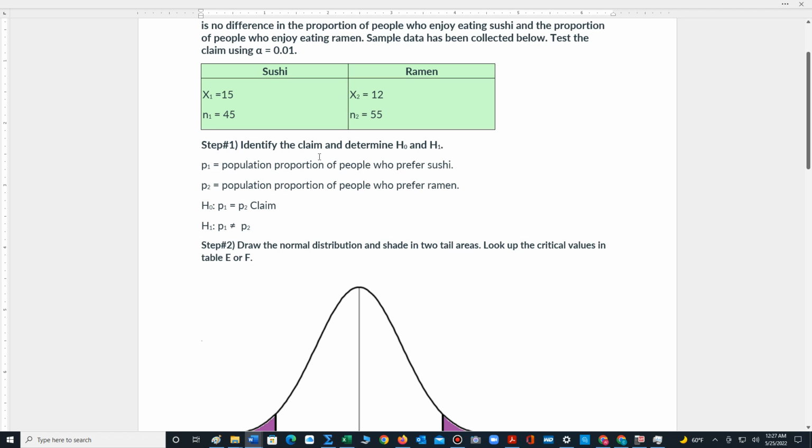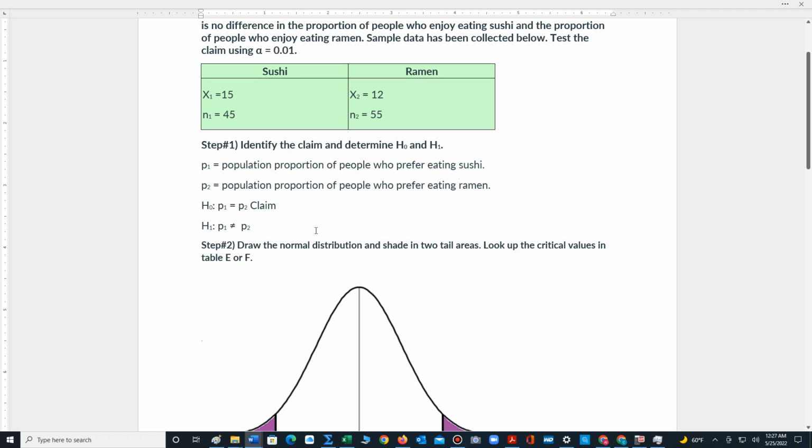Step one is we have to identify the claim and determine H naught and H sub 1. We'll let P sub 1 represent the population proportion of people who prefer eating sushi. P sub 2 is the population proportion of people who prefer eating ramen.